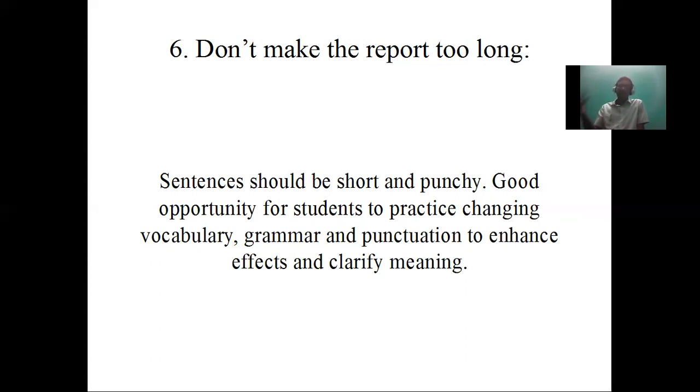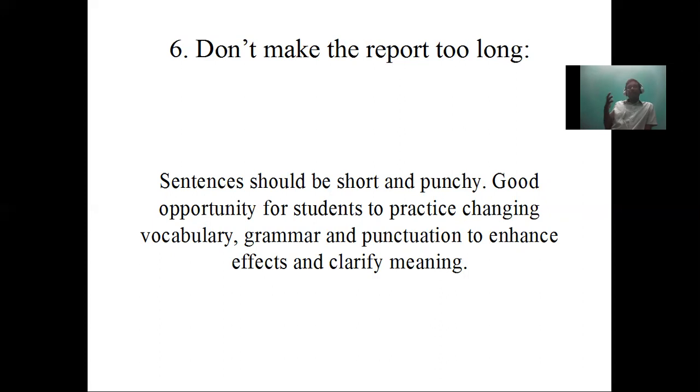Grammar, of course. If you write a newspaper in English, there's a good scope for practicing grammar also, and of course punctuation. These are related to grammar, and this should all be done to enhance effects and clarify meaning. Effects means the effects of your writing.